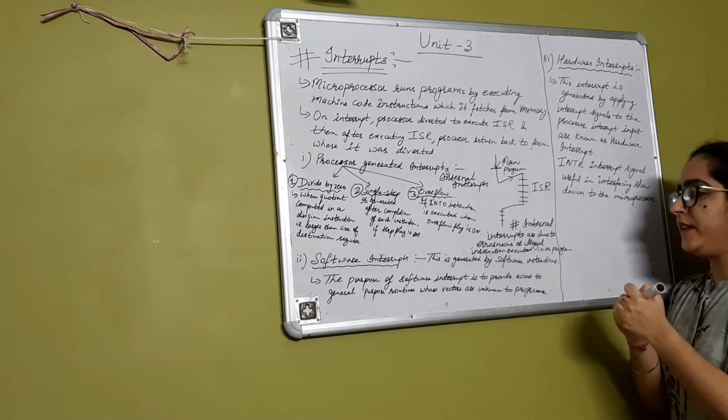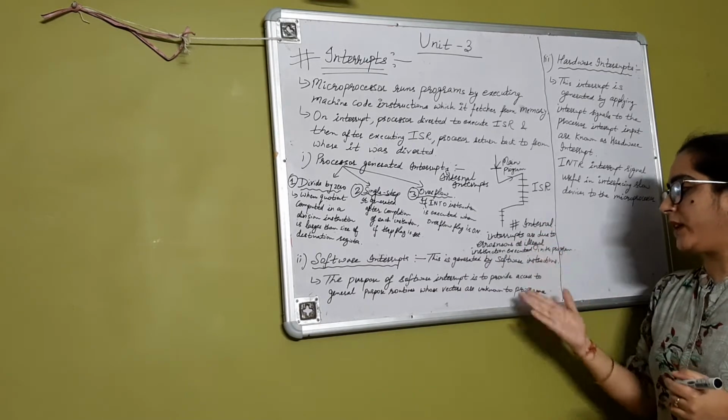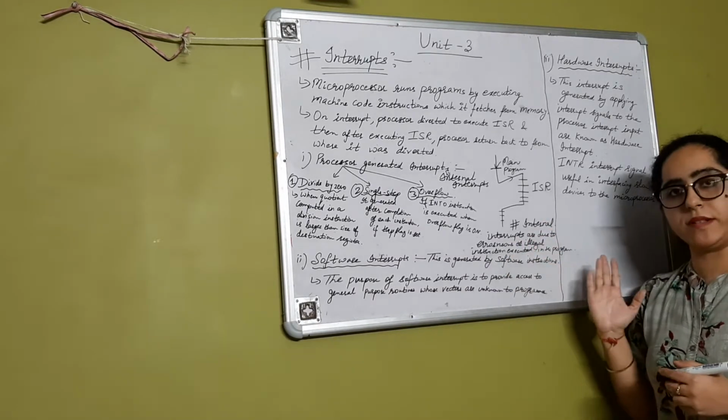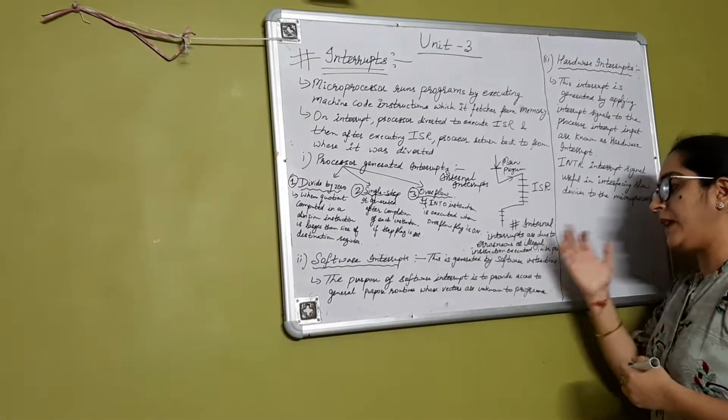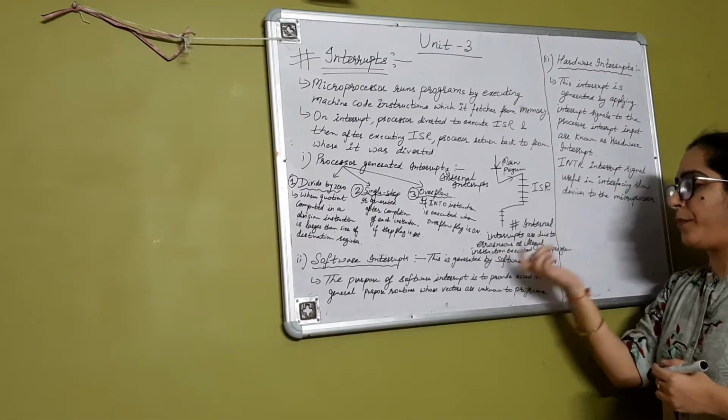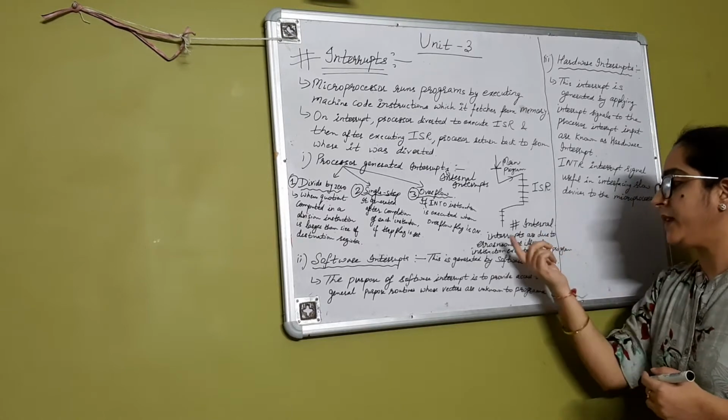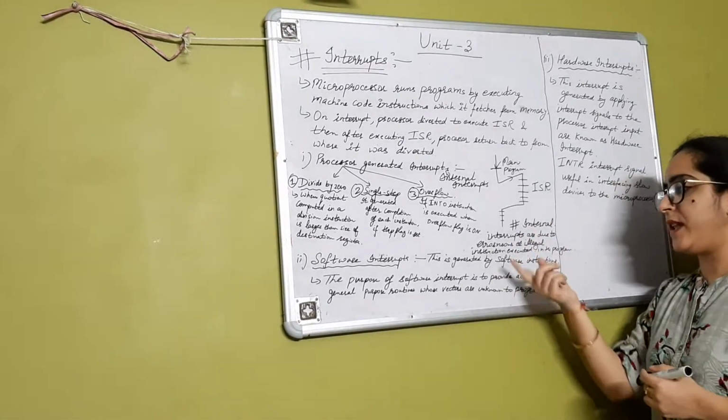These internal interrupts are due to an erroneous or illegal instruction executed in the program. So if there is any illegal instruction or illegal operation performed in the program, at that time the processor generates the interrupt.